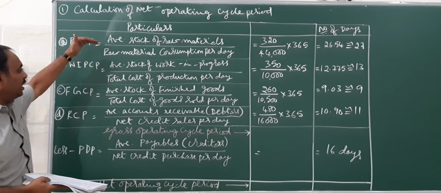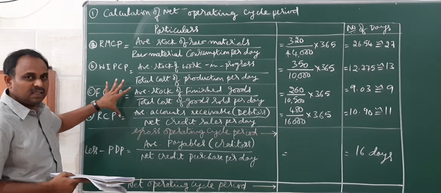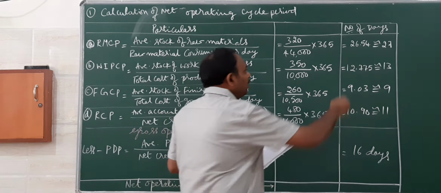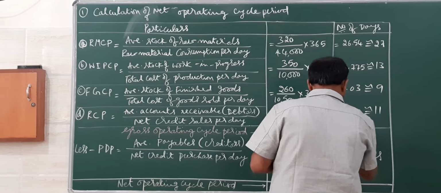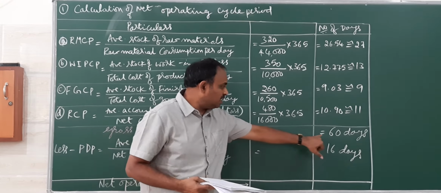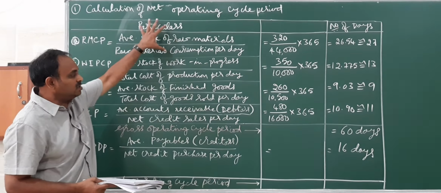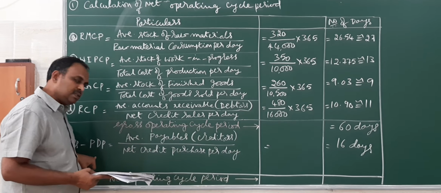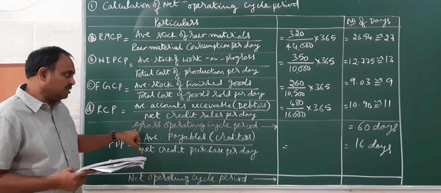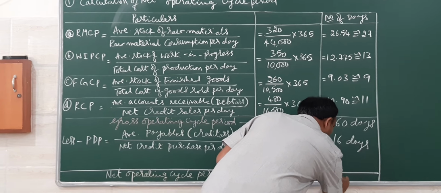Like this we find the number of days for each formula. All current assets we add, and current liability we deduct. If I add the number of days in the current assets, we get 60 days. This 60 days is called the gross operating cycle period, which consists of only current assets. Less the payable deferral period, that is the creditors, which is a liability, given as 16 days.